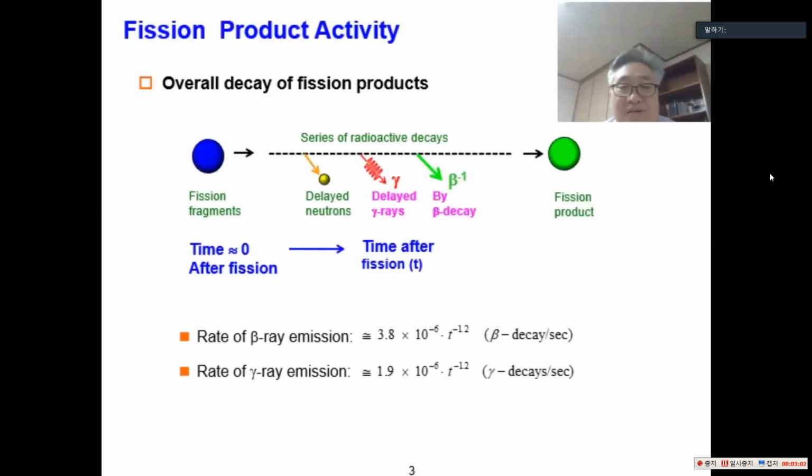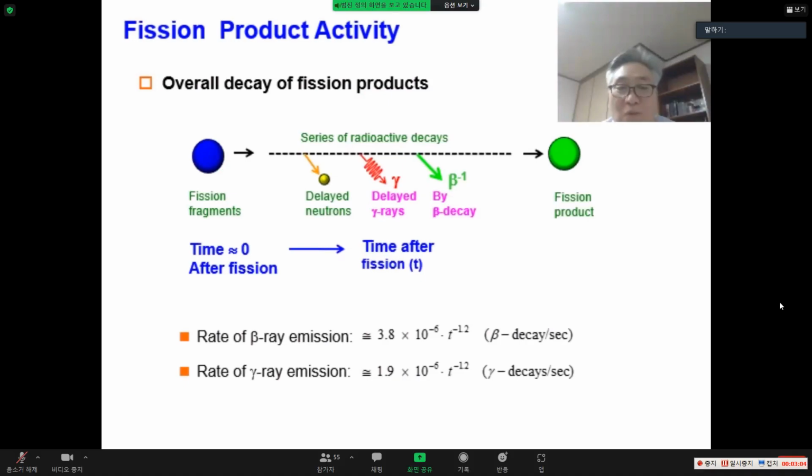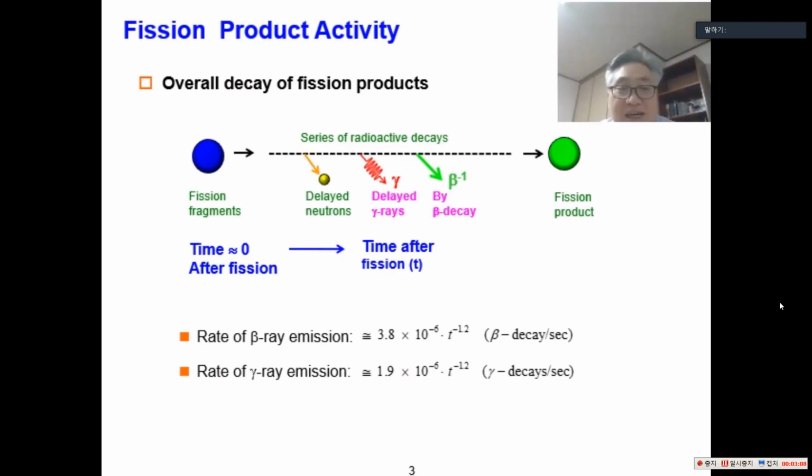Now, people say fission product activity is of a statistical nature, so we have to measure that. There are a number of fission fragments in the nuclear reactor, and they normally emit beta minus and gamma. Why beta? Because a neutron should become a proton.